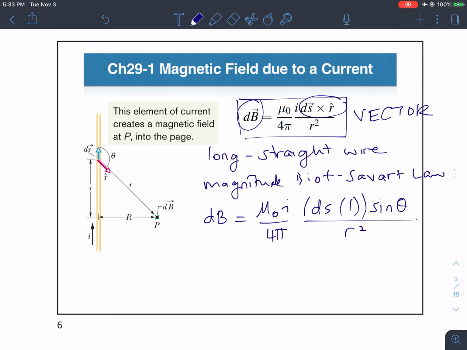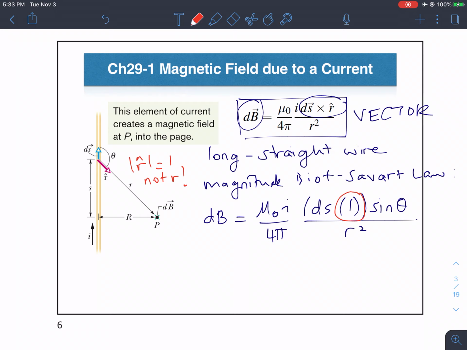This is really important because I always see every year there's an issue here. R hat has a magnitude of 1, not r.